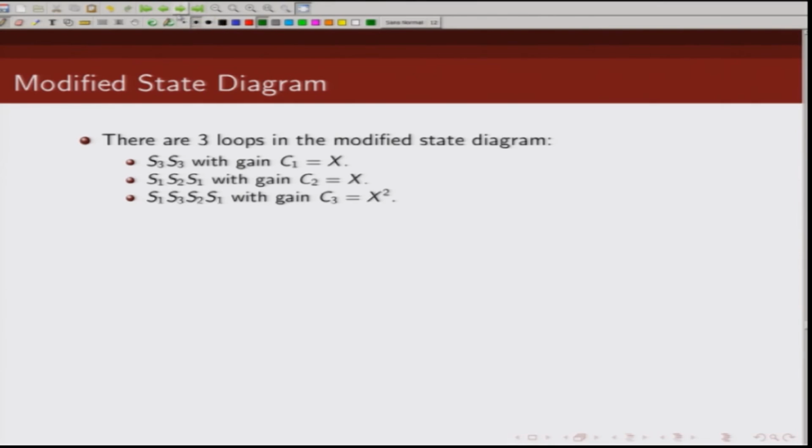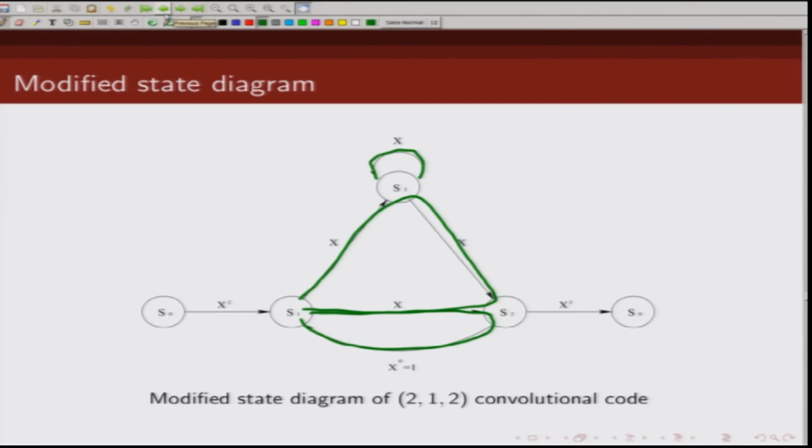Next, what are the pair of non-touching loops? Now, only these 2, C1 and C2, are non-touching loops. You can see, again go back to this example, this loop and this loop are non-touching. Why?